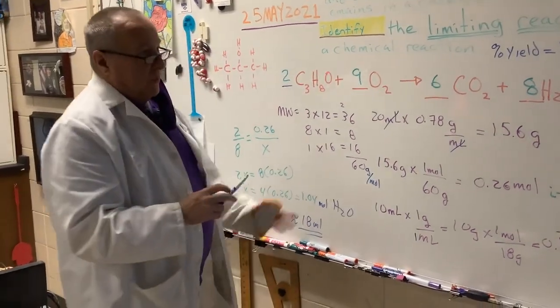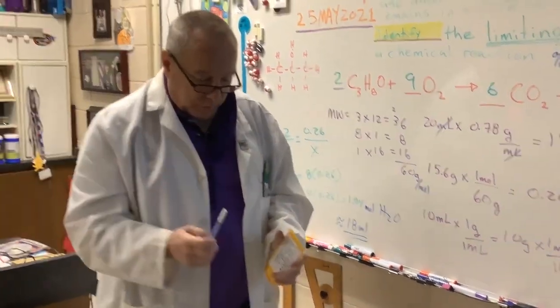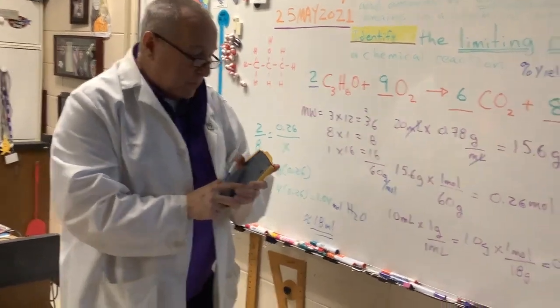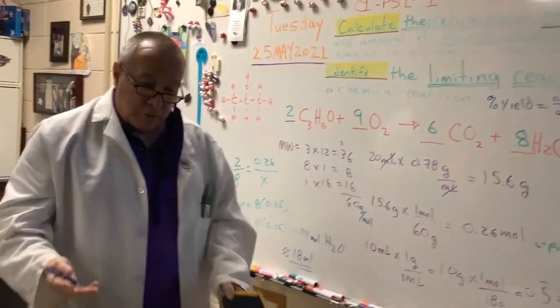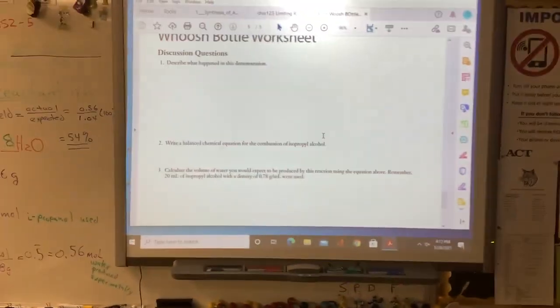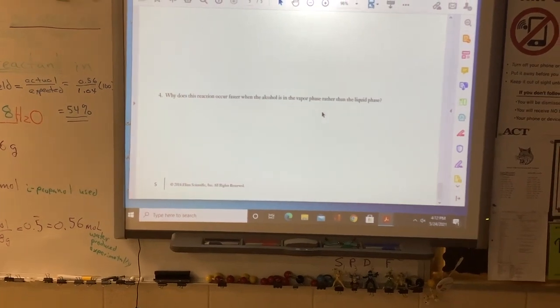Is the answer to that question. The answer to my question, which is, what is the percent yield, is 54%. So, a very simple experiment measuring volumes of propanol used and water produced gives us the ability to make some very sophisticated calculations.